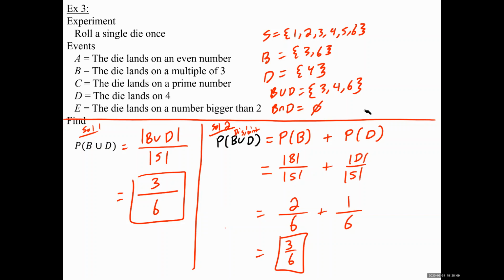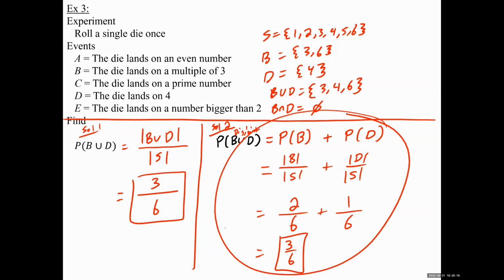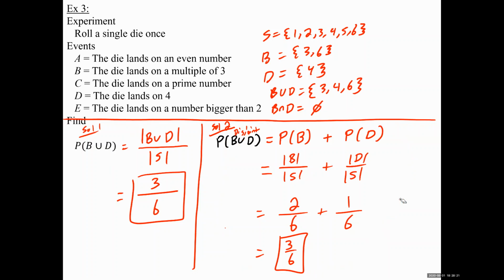So let me say it one more time. Make sure you know how to do it both ways. And if you try this way and you get stuck, you go, oh wait, I don't know some of this stuff here. Then you try it this way and you go, oh, I'm able to do it that way, and then do it that way. Okay, so long story short, if a problem can be done more than one way, I don't care which way you do it, pick a way and do it that way. But if it can only be done one way, know both ways so you can find the way that will work. Okay, let's do more examples.